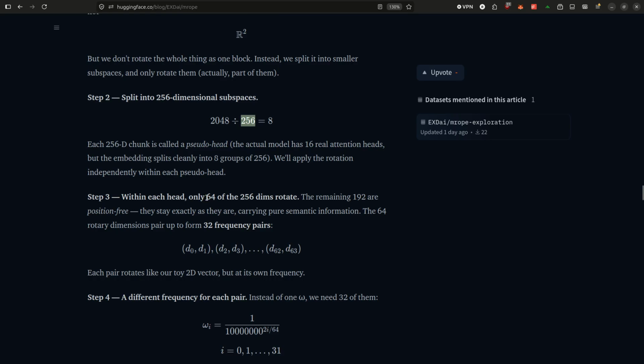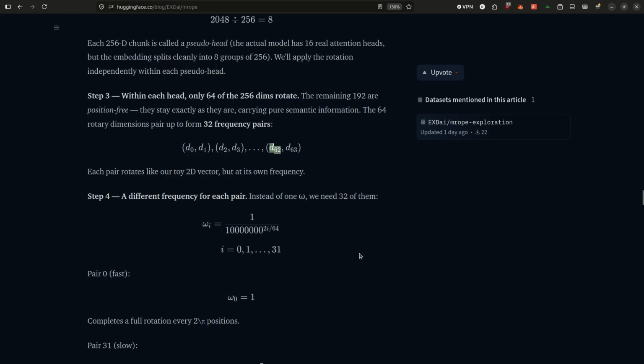Within each subspace, we take 64 out for rotation, leave the rest as they are. And those 64 we split into 32 pairs. So dimension 0 and dimension 1 are a pair. Dimension 2 and dimension 3 are a pair. So on and so forth until 62 and 63, because we started at 0, right? And each of these pairs is kind of like our toy 2D vector, okay?